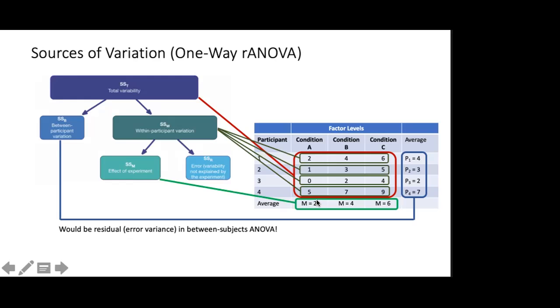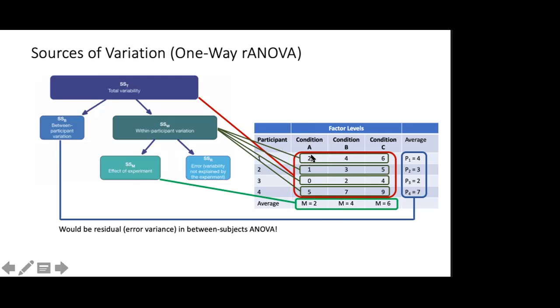And then we have the error variability, and that is this idiosyncratic pattern that cannot be explained by our model. In this case, it would be 0, by the way. Here you can see, again, it's only fabricated data, maybe not the best example, that on average the difference between condition A and B is 2.